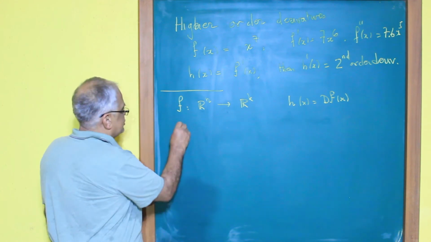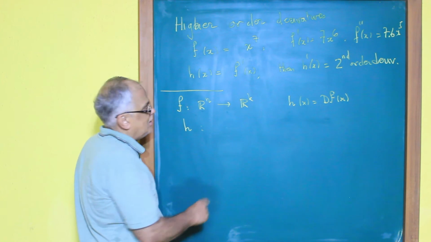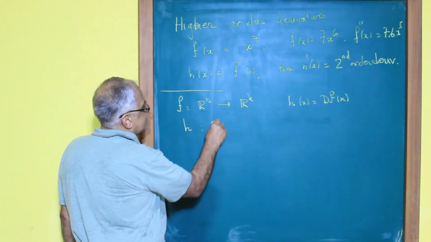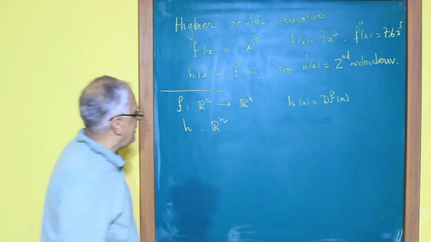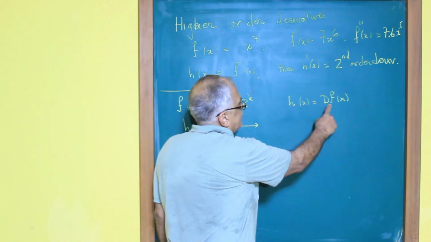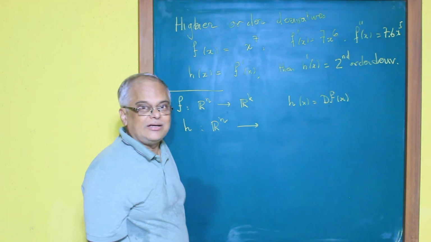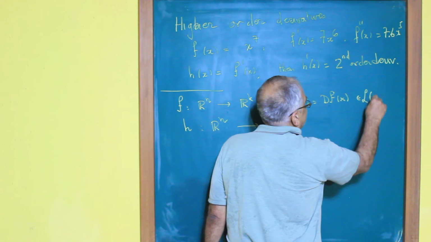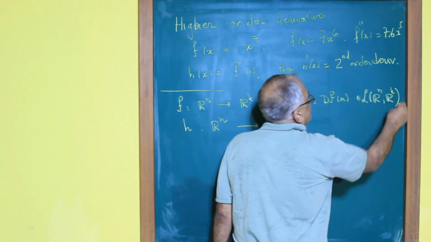So this h, remember, is a function. From where to where? The x itself that I have is in Rn. So h is a function whose domain is Rn. And where does h of x lie? h of x is the derivative of f at x. Where does this lie? As we have said, this is a linear map from Rn to Rk.